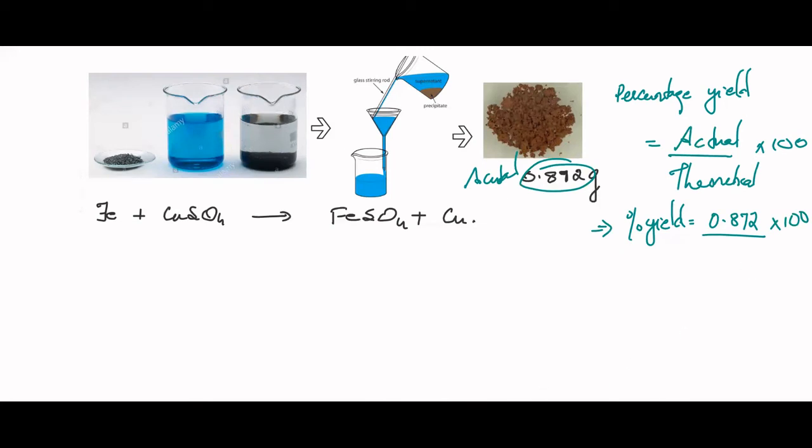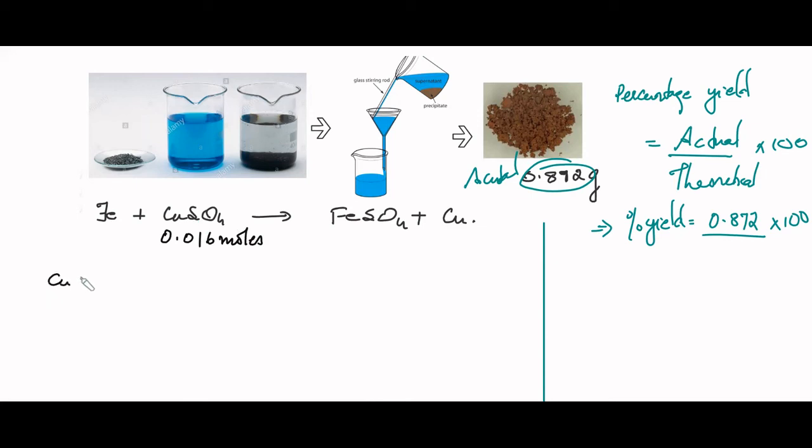So in order to calculate the theoretical yield, we have already found that copper sulfate is the limiting reagent, and the amount of copper sulfate that we had calculated previously was 0.016 moles. So now this time we have to take the ratio between copper sulfate and copper. This again is 1:1.